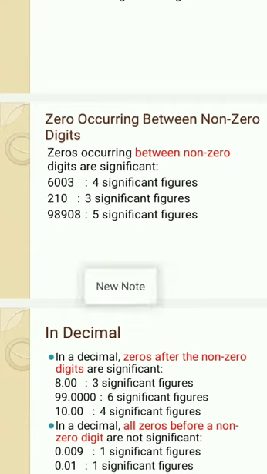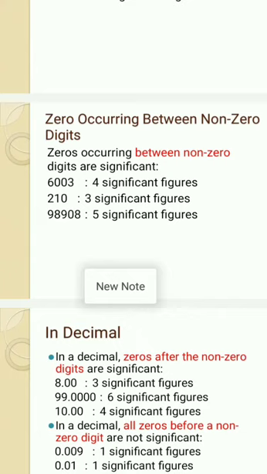As you can see, point two, which is in a decimal, all zeros before a non-zero digit are not significant. Likewise with point one, which is zeros after the non-zero digit are significant.